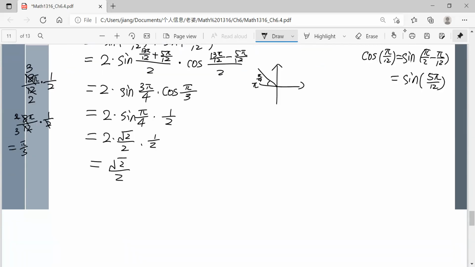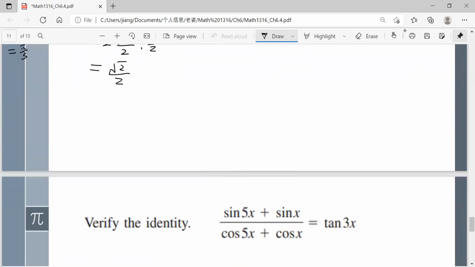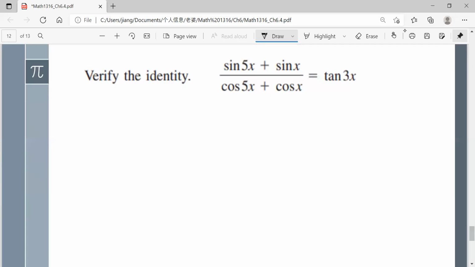Okay, let's move on to the next one. Verify the identities. I will start from the left-hand side because it's very complex. The left-hand side only has one term, so I'd like to use sum to product.